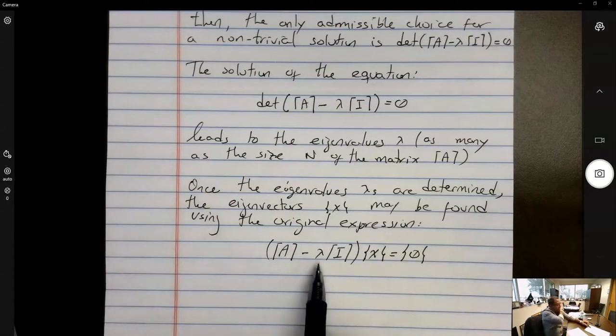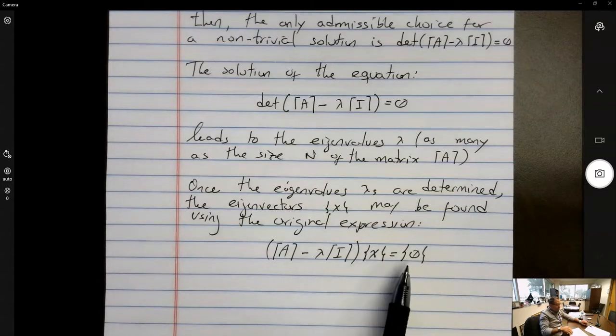So we plug in each of the values of lambda, and then we should get each of the values of the eigenvector.